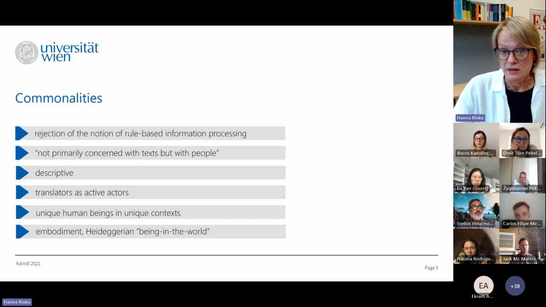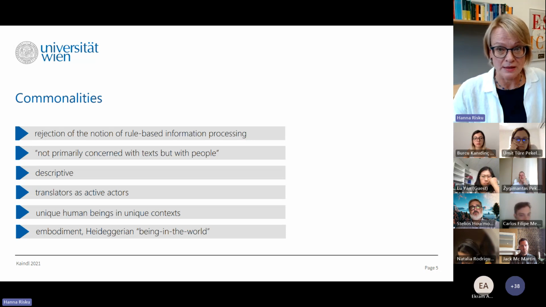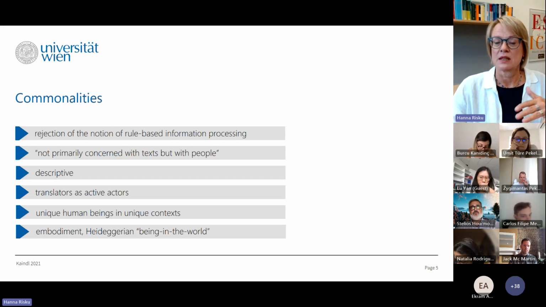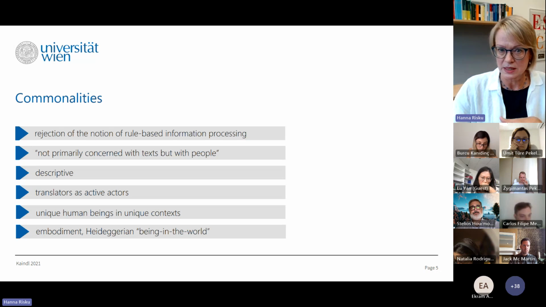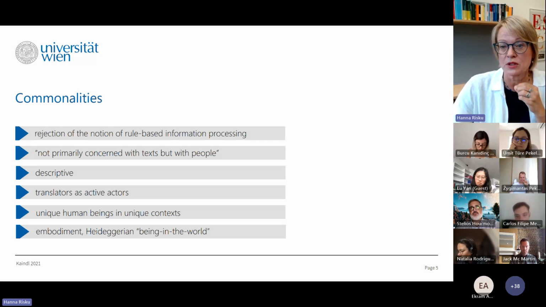Also, before discussing the differences, I argue that the 3 perspectives actually mirror each other in their development and views. They all reject the notion of linguistically transparent, rule-based information processing as a basis for human translation. Individualized translator studies and studies of situated and extended translation are all, I quote, not primarily concerned with texts, but with people, as Kindle puts it.